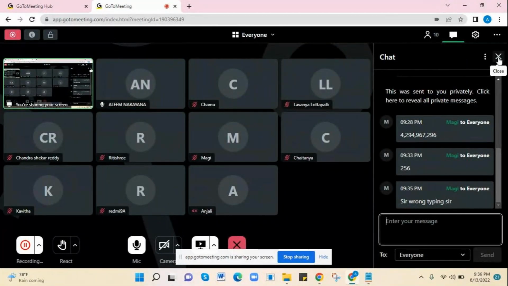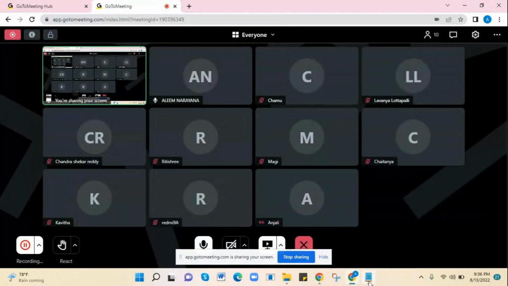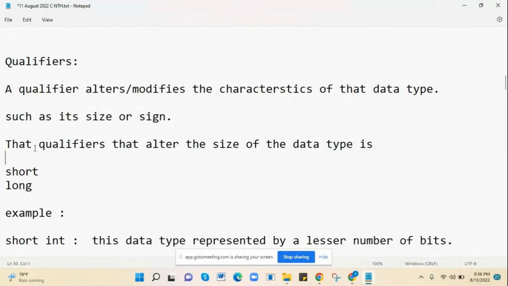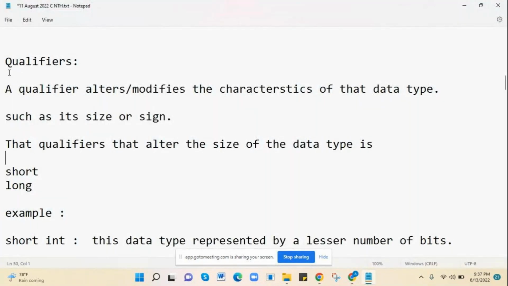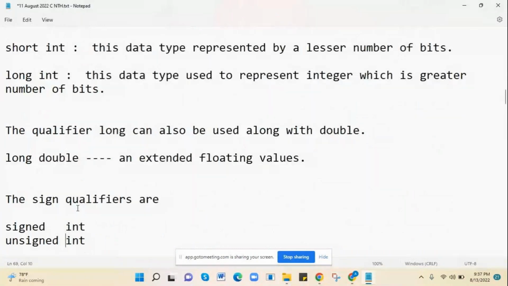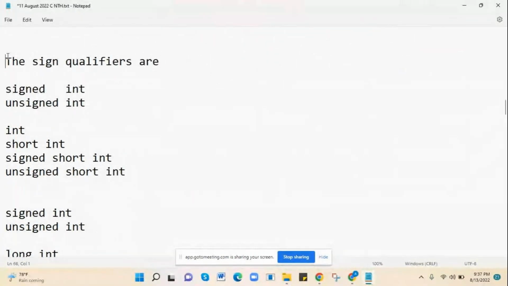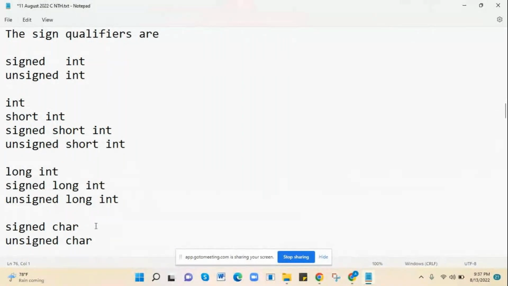Write down the notes. Can someone tell me? Yes, tell me. Write down the notes. Did you write the qualifiers earlier? Write from here. Okay. Write down the notes.